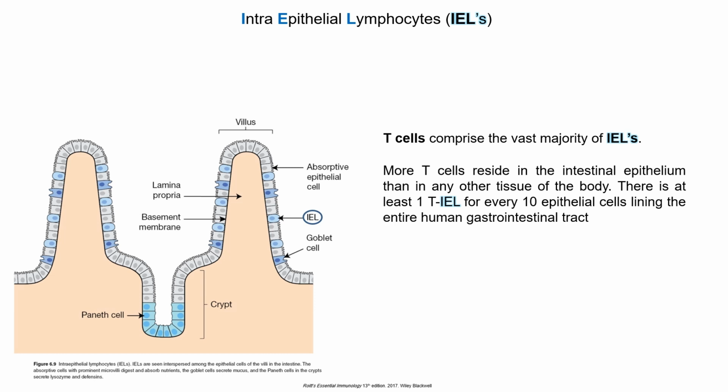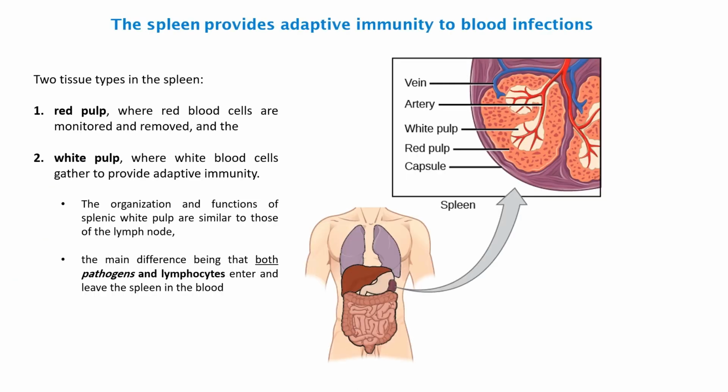The spleen is encapsulated like the lymph node, but the reason I left that one to the last is because there is another distinction here with the spleen, and that is that the spleen is for surveying what's present in the blood. So here is the spleen within the body, next to the stomach, and here's a cross section through the spleen.